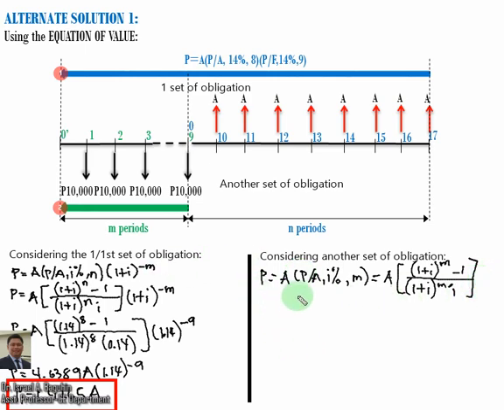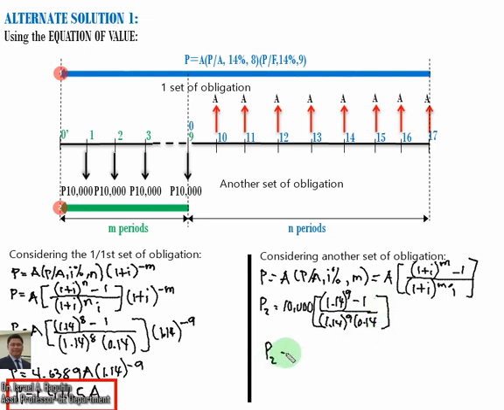Okay, so proceeding with this one, we have now this P. Since we are considering point 2, we assign this one as P2, which is equal to this annuity, 10,000, times our I, which is 14%, so 1.14 raised to the M. Our M here is 9 years, so 9 minus 1, all over 1 plus I, so 1.14 raised to the 9 times our I of 0.14.